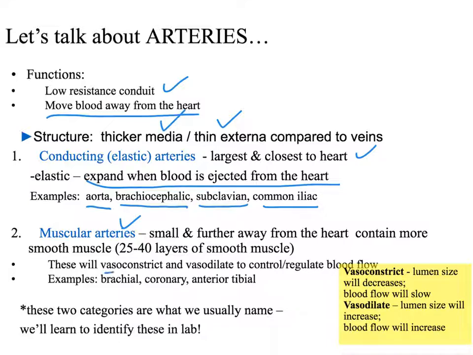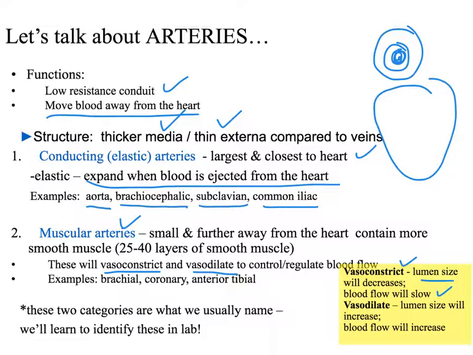They can vasoconstrict and vasodilate, and they regulate blood flow. Vasoconstrict means the lumen size gets smaller, so blood flow slows down. It's like squeezing a straw: if this gets smaller, less blood can flow through. If something vasodilates, the hole gets bigger, more blood can go through. Examples of those are brachial, coronary, anterior tibial.